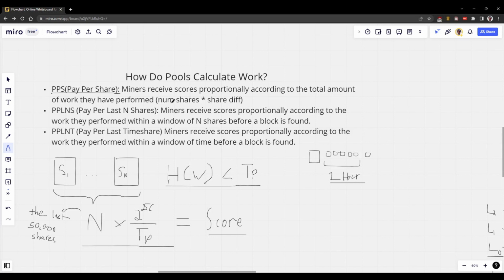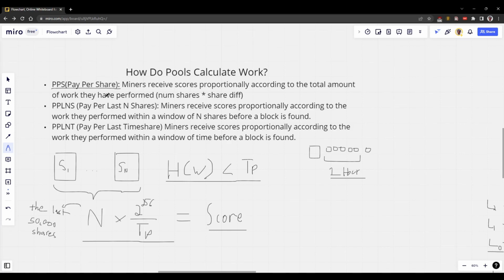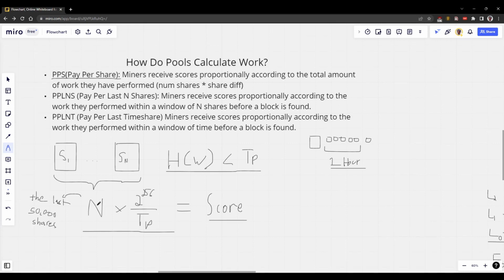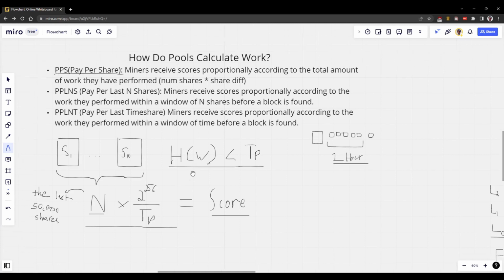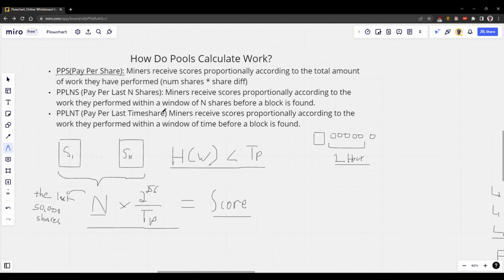You can think of it as the number of shares multiplied by the share difficulty: n times 2^256 over T_P. This 2^256 over T_P is simply the stratum difficulty, and multiplying it by the number of shares gives each miner's share score. That's the most basic share processing algorithm.